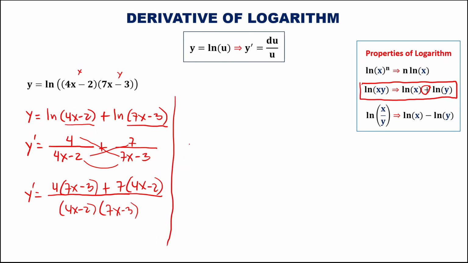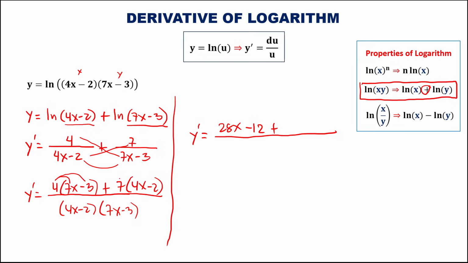Then to simplify, y prime equals: distribute 4 times 7, this is 28x, 4 times negative 3 is negative 12.